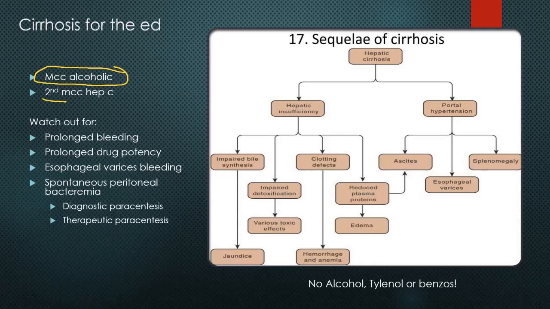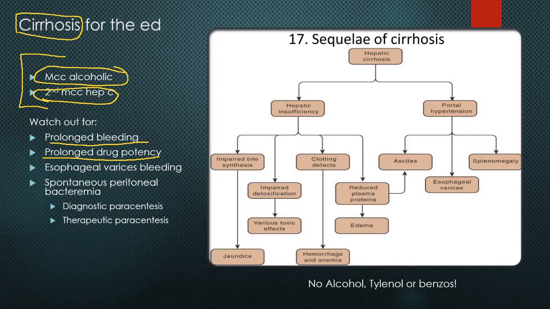The second most common cause of cirrhosis is hepatitis C. So again, if you have a patient with new onset cirrhosis, you should ask these two questions. You also need to be aware that if cirrhosis patients are coming into the emergency department with that diagnosis already, watch out for bleeding problems, and watch out for prolonged drug potency, which means that we might need to dose them in lower doses for things like benzos, narcotics, and certain anticoagulation.